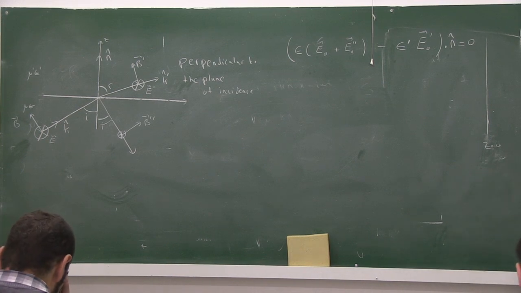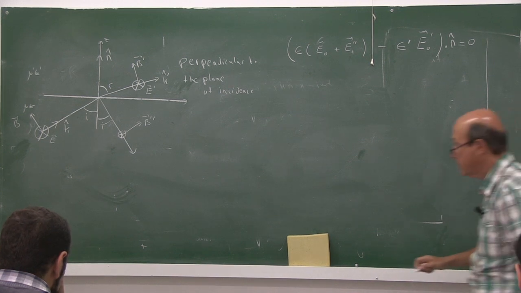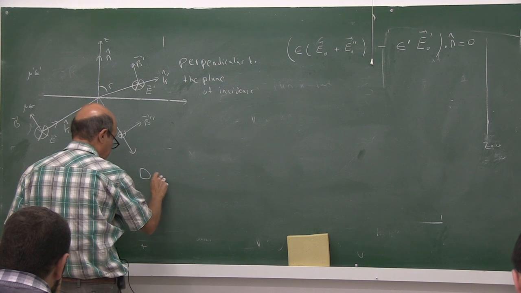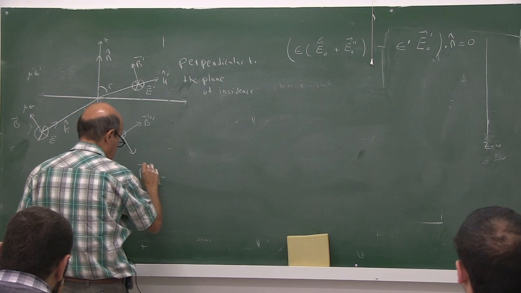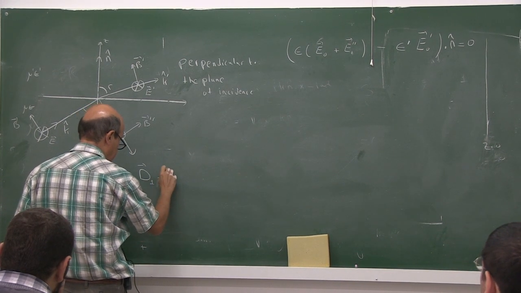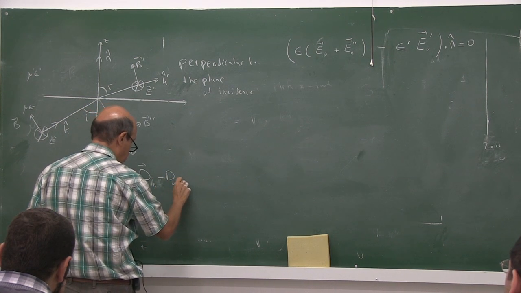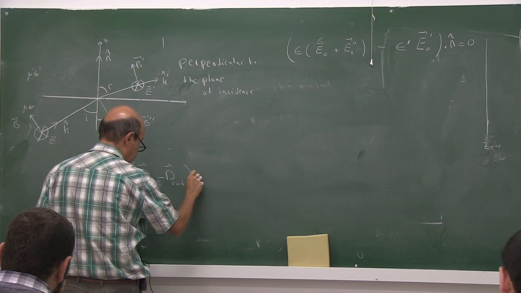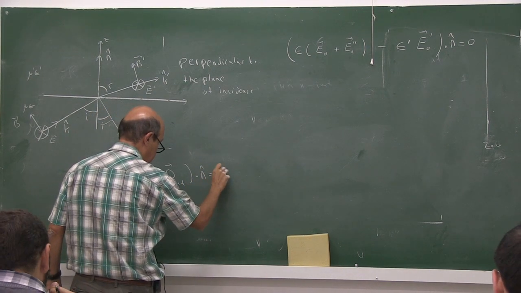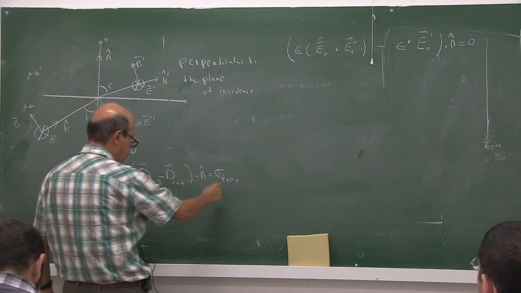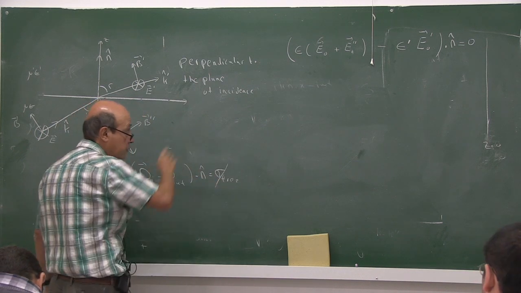So that is basically the following. D in minus D out dot n is equal to the free interface charge density, that is 0, and this is that equation.